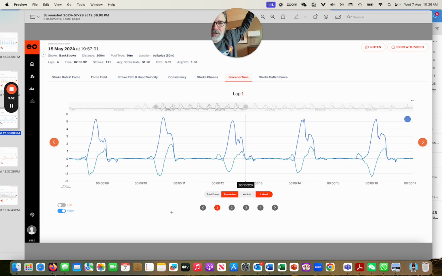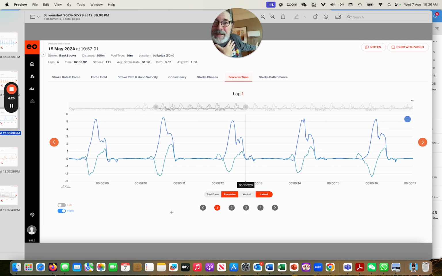But as you can appreciate, where the hand enters the water, the first move is that hand has to come around. And what's interesting for me is in freestyle, that first move at the end of the glide is the hand goes down. Well, the backstroke equivalent is the hand swings round laterally. So where we look at that first downward force profile on freestyle, in backstroke, the first force movement is a lateral one.